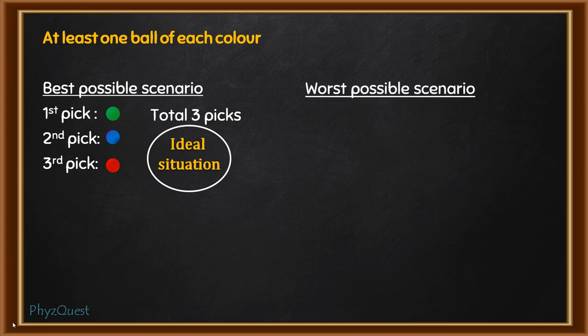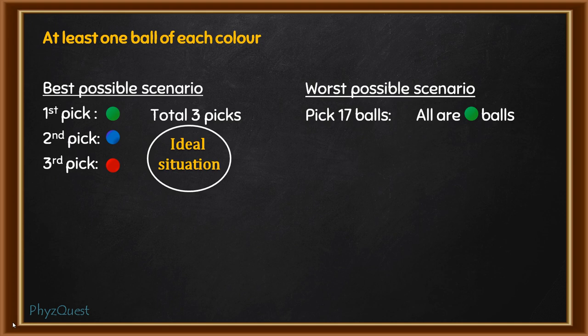It is already mentioned that the highest number of balls is green color ball, that is 17. So let us suppose we pick 17 balls. The worst possible scenario would be all of them come out as green color balls. Next there are 10 blue color balls.